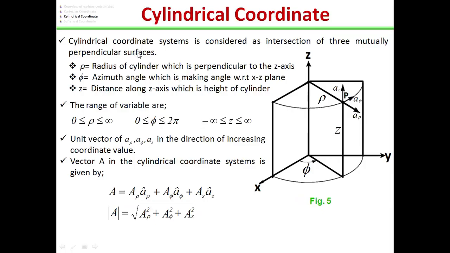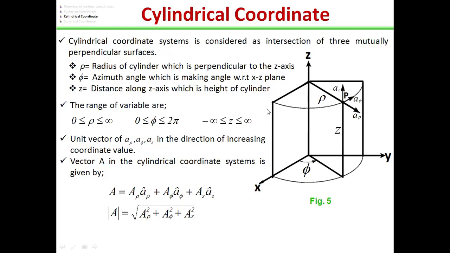Whereas in the cylindrical coordinate system, any point in space is represented in terms of rho, phi and z coordinates, where rho is the radius of the cylinder, which is perpendicular to the z-axis. This is the z-axis and rho is perpendicular to that axis, whereas phi is the azimuth angle, which makes an angle with respect to the xz plane.